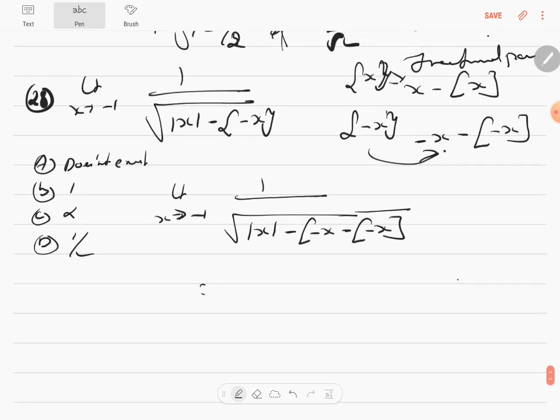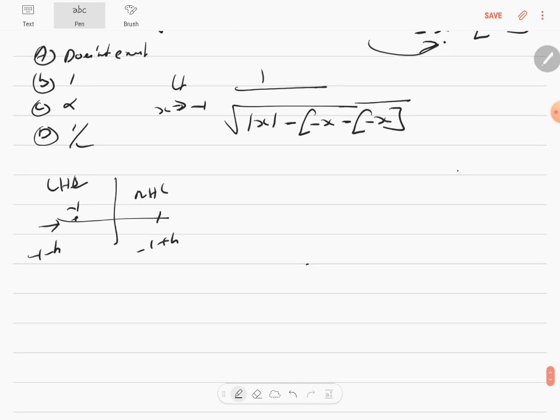Let's do this for the left hand limit. For the left hand limit you're going to approach minus 1 from the left, so it's minus 1 minus h, and the right hand limit is minus 1 plus h. So let's do the left hand limit.